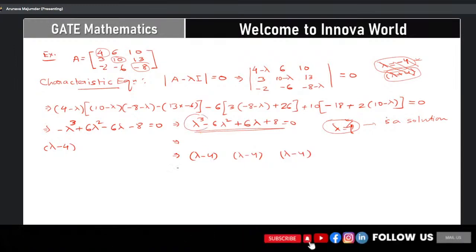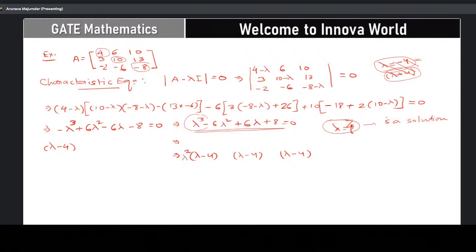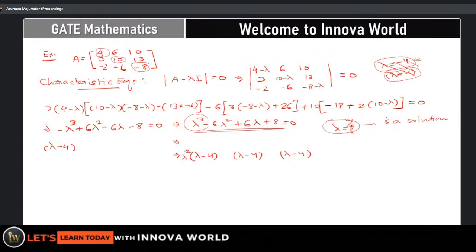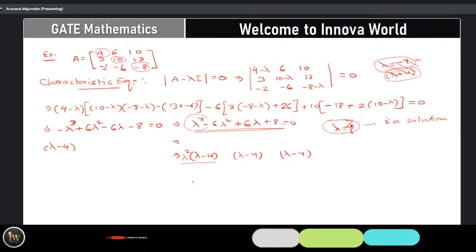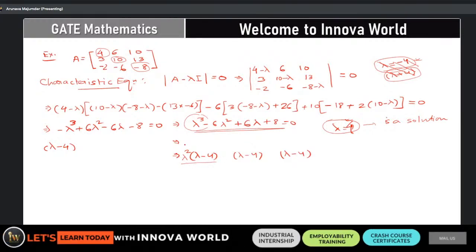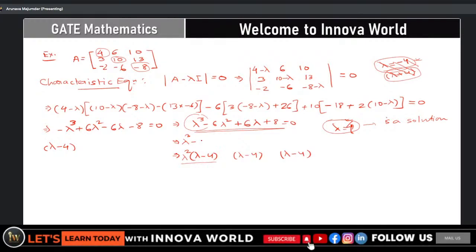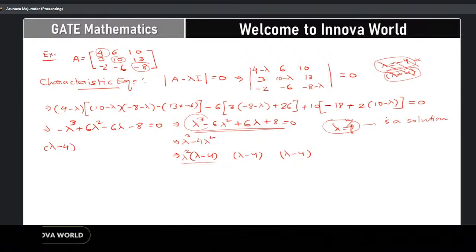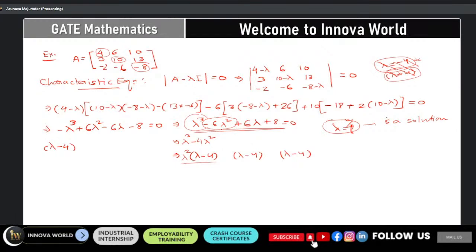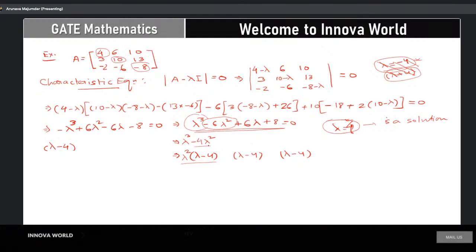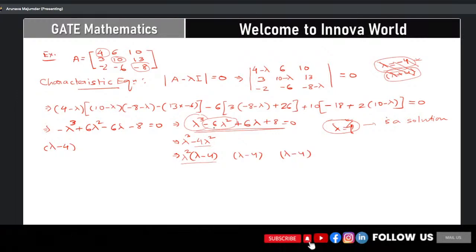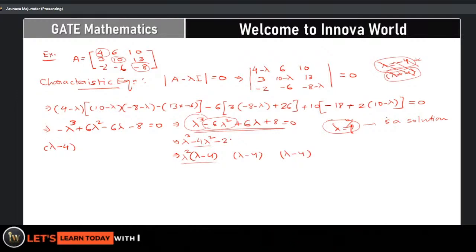What is the first term? Lambda cube. So I multiply by lambda square so that it becomes lambda cube, right? After multiplying with lambda square, I write the result in the second step. It becomes lambda cube minus 4 lambda square. Now again go to the first step: minus 6 lambda square. The second step is minus 4 lambda square, so to get minus 6 lambda square, I need minus 2 lambda square.